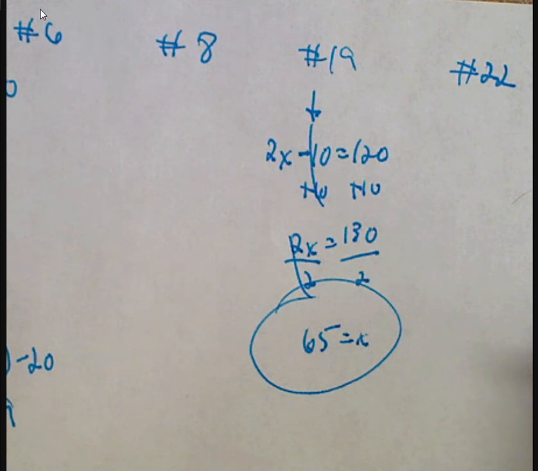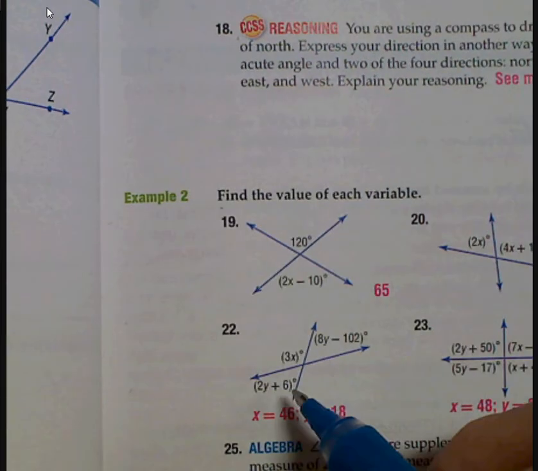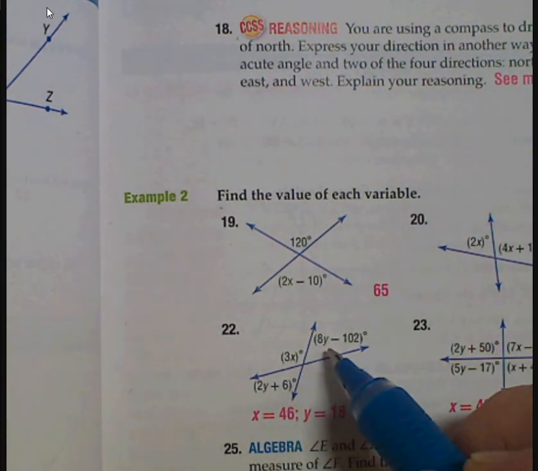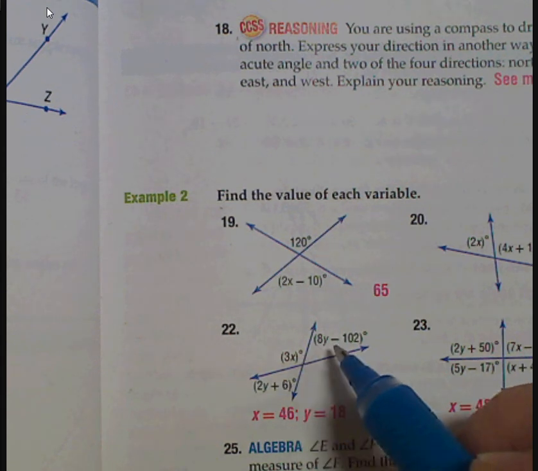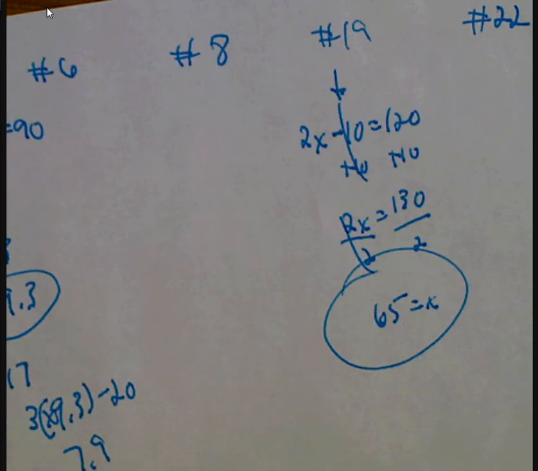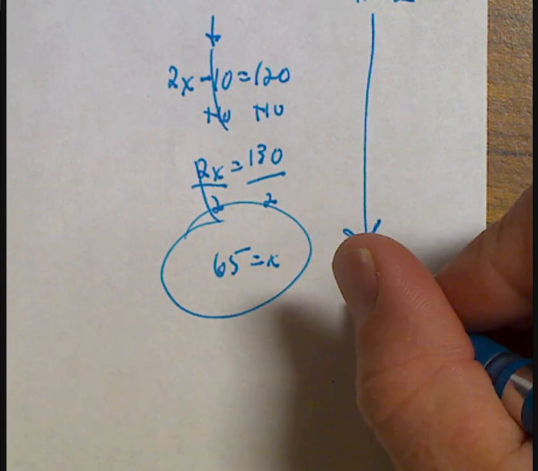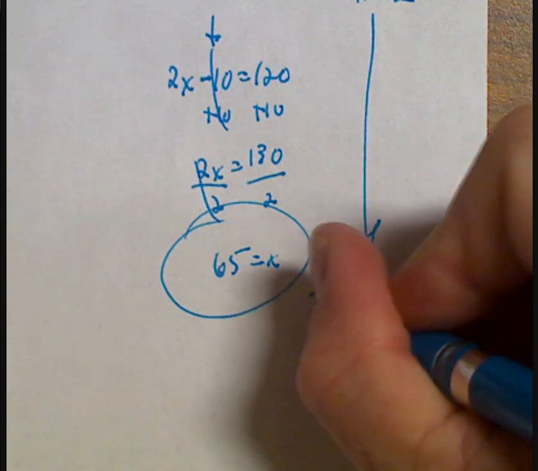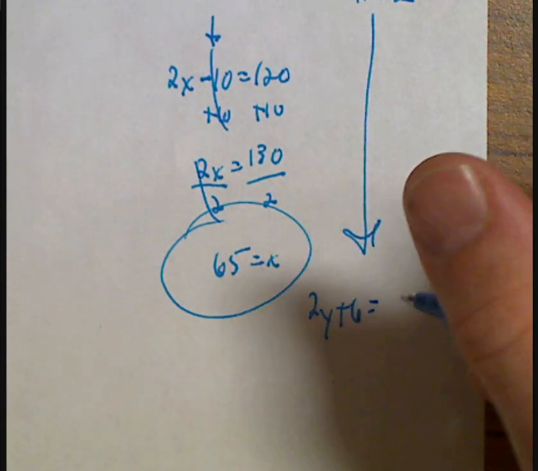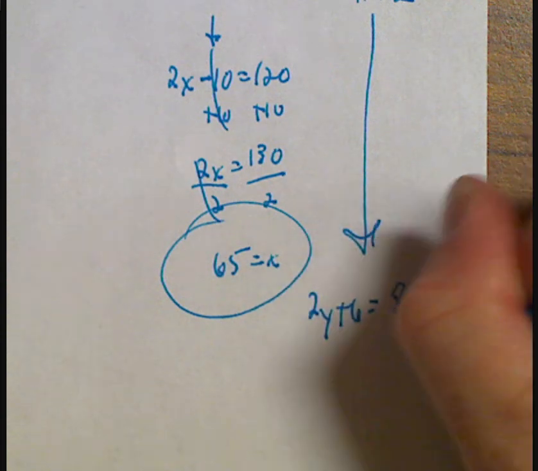Number 22. So find the variables first. In order to find the variables, I need to use my vertical angles. So I need to set this equal to this. Once I do that, then I know these two angles have to be 180. So I would have 2y plus 6 equals 8y minus 102.